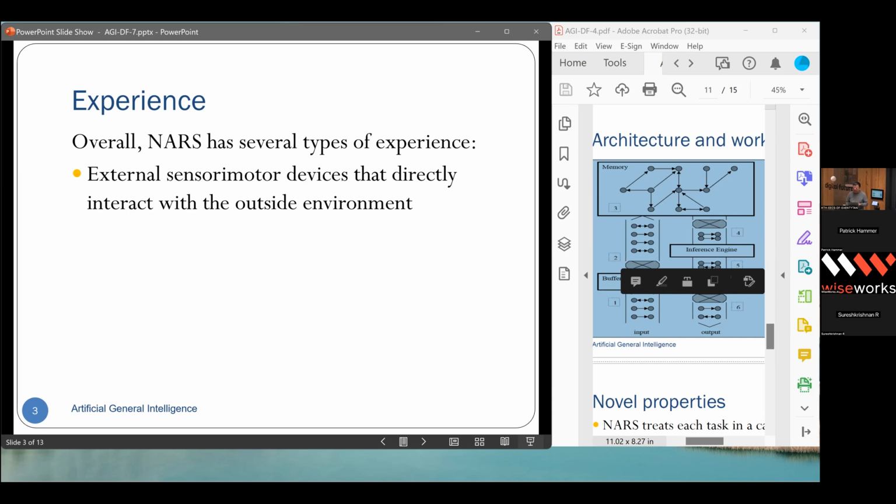And this channel, as you see, contains a buffer which will do information pre-processing, as well as convert the input signal into Narsese format.